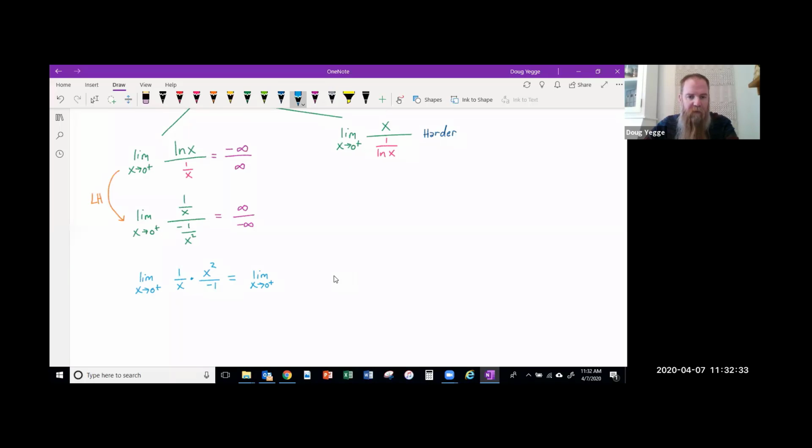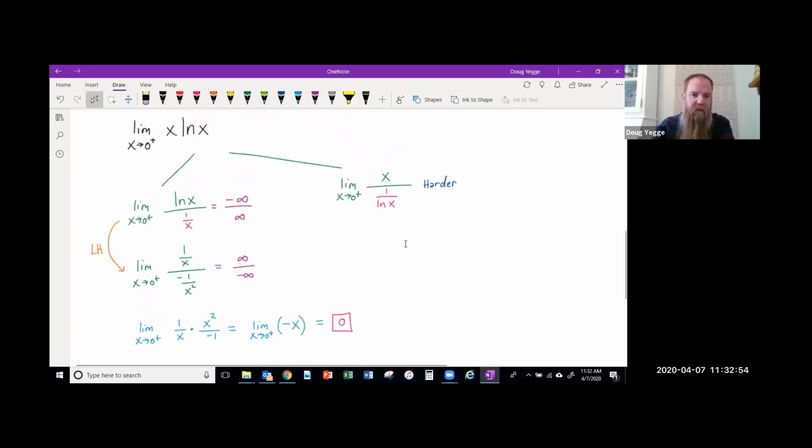So all we're left with is negative x. Well, the limit as x approaches 0 from the left and right of negative x is going to be 0, so this limit is in fact 0. And there's our answer. So what we're demonstrating here is even if the function doesn't look like a fraction, just make it a fraction. And then you can apply L'Hopital's rule to calculate that limit.